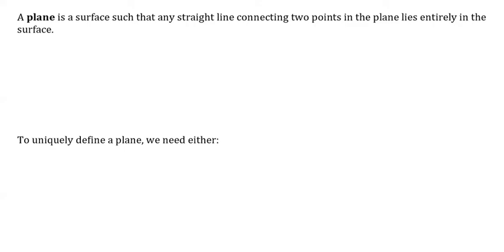Okay, but the definition technically of a plane is a surface such that any straight line connecting any 2 points that are in the plane, any 2 points, the line connecting them lies entirely in the surface of the plane, entirely in the plane. What does this mean?